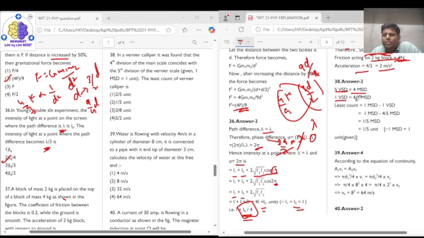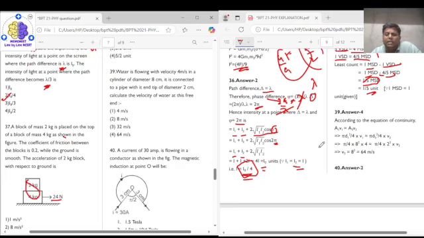So 1 vernier scale division is equal to 4 by 5 main scale division. Unitary method. Then the least count is equal to main scale division minus vernier scale division. So 1 main scale division minus 4 by 5 times the main scale division gives us 1 by 5 main scale division, that is 1 by 5 units, right? So question number 38 has its correct answer as option 2, that is 1 by 5 units.